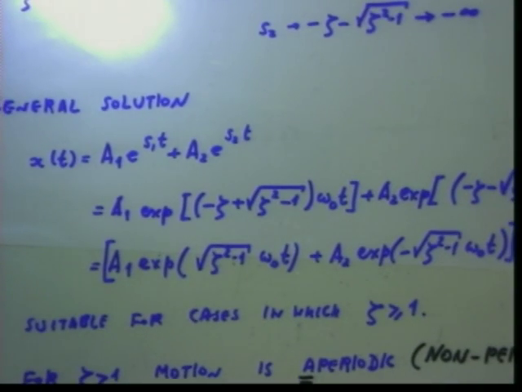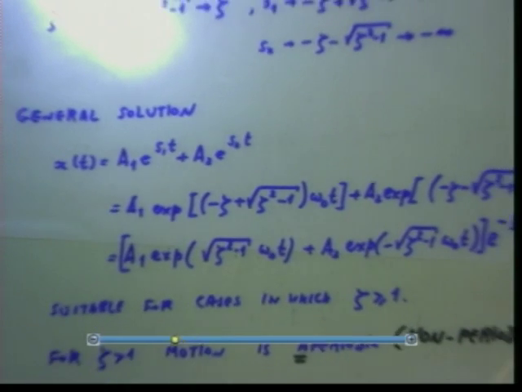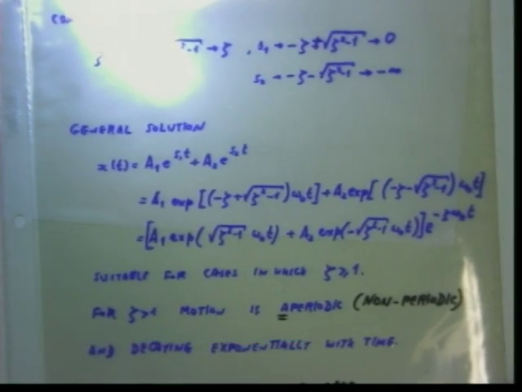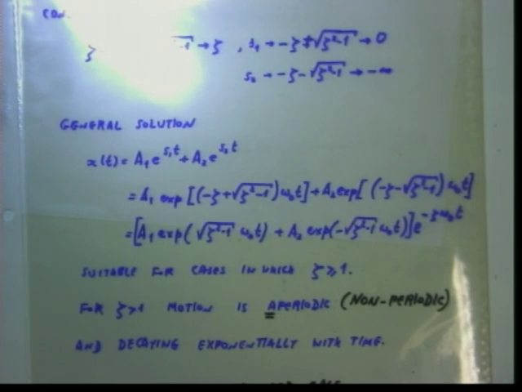Now in general, I think that is where we stood. We may want to write that in the general case we have A1 times e to the power s1 t and A2 times e to the power s2 t.